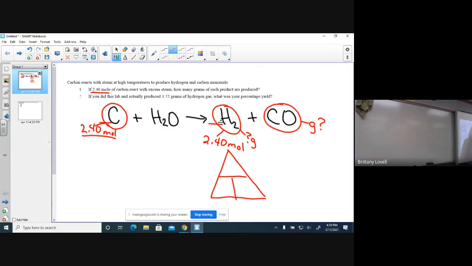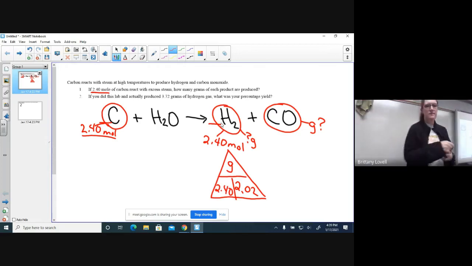So moles goes down here in the left, so I'll put 2.40. I'm trying to figure out my grams. I don't know that, but I do know the molar mass of hydrogen, H2. I would look at the periodic table, right? And on the periodic table, 1 hydrogen is 1.01, 2 hydrogens would be 2.02.